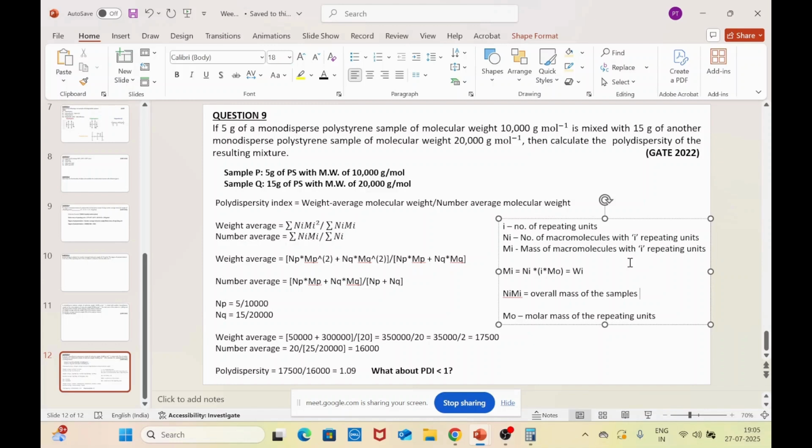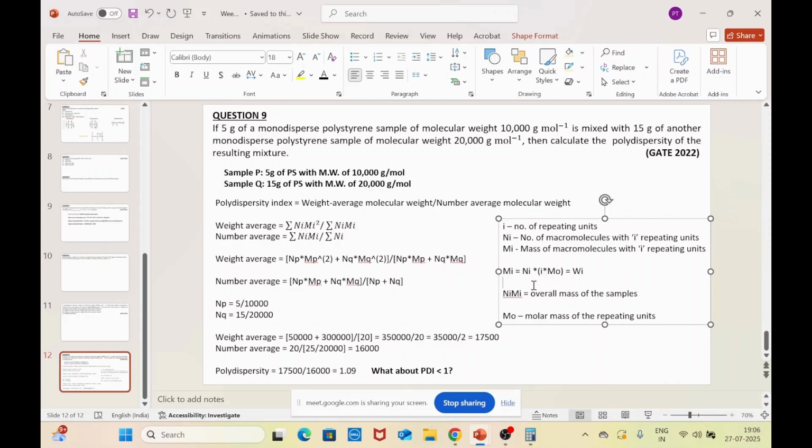Let's say there is a bulk sample. Again, I'm going to take the same example: 100 macromolecule chains in a bulk sample. Let's say 10 macromolecule chains have 10 repeating units. So Ni will be 10, and Mi is nothing but the molar mass of one repeating unit times the number of repeating units.